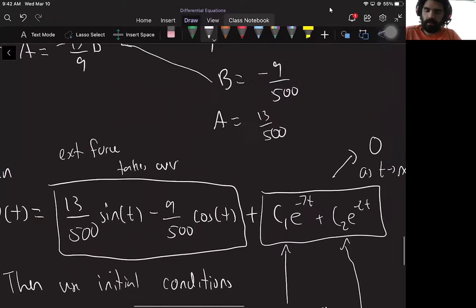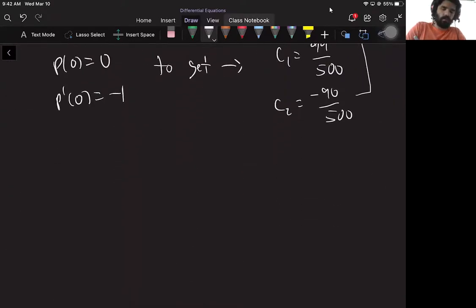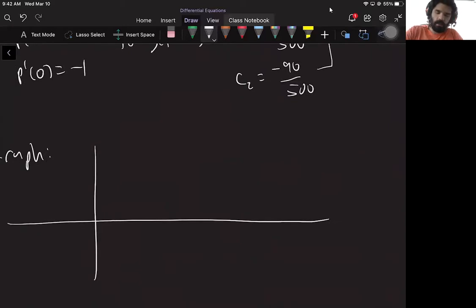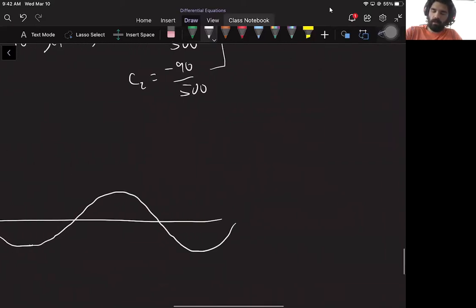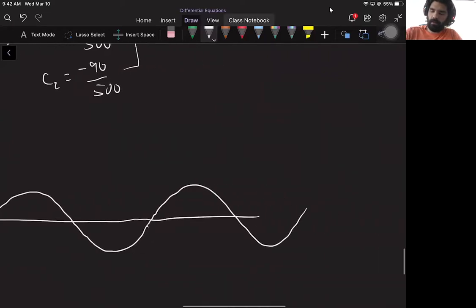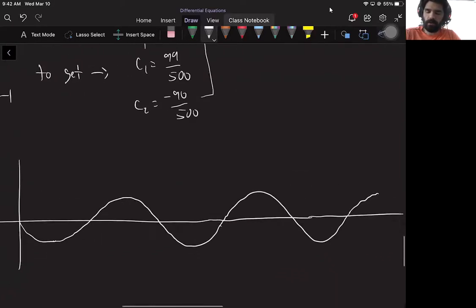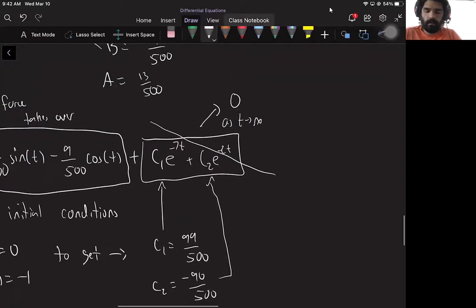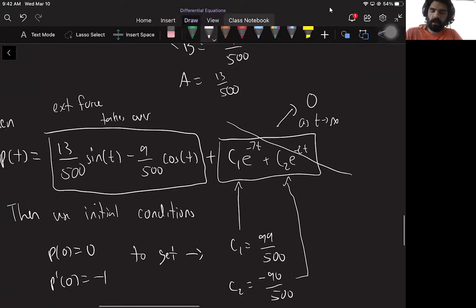So that's that one. So then we can sort of picture the graph as well. It's not decaying anymore. It's pretty much just going to look like sine and cosine, because what's happening is the natural spring motion is decaying away towards zero as time goes on, but it's not getting rid of the rest.